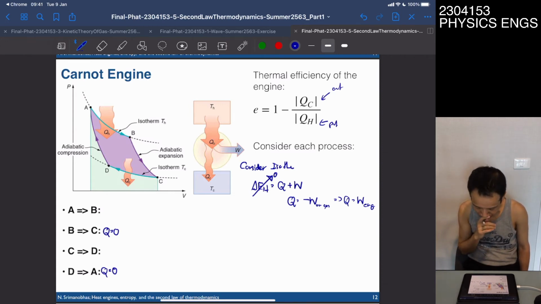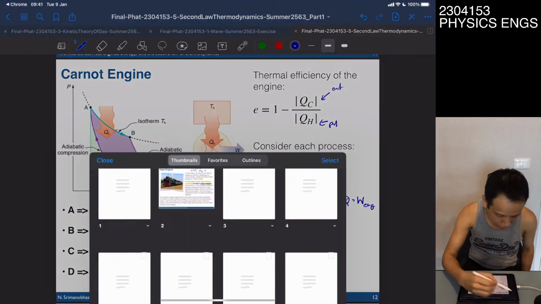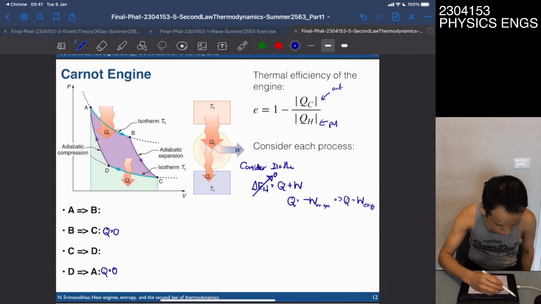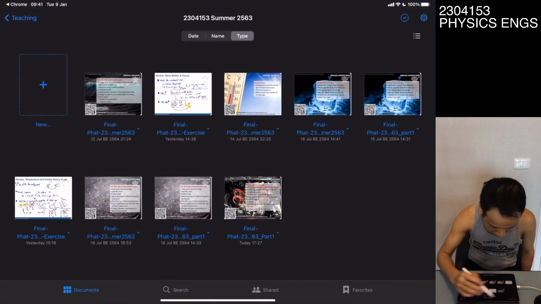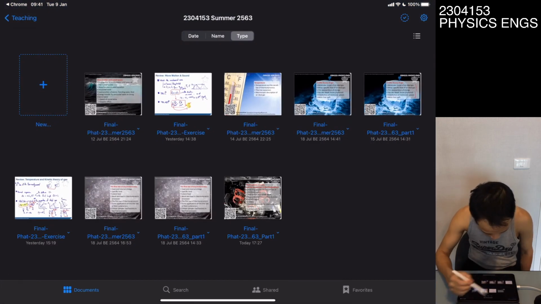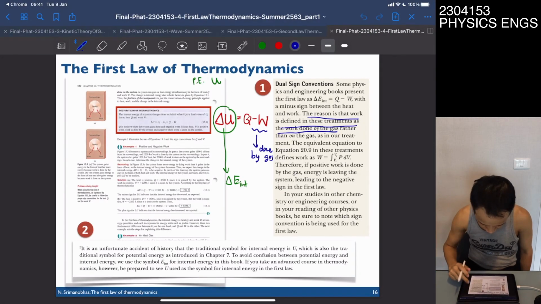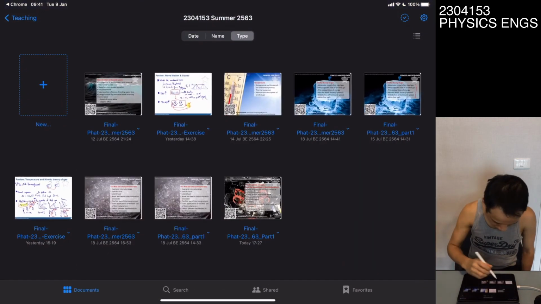So what is the work done for the isothermal process? Good question. We did that before, in the first law of thermodynamics.